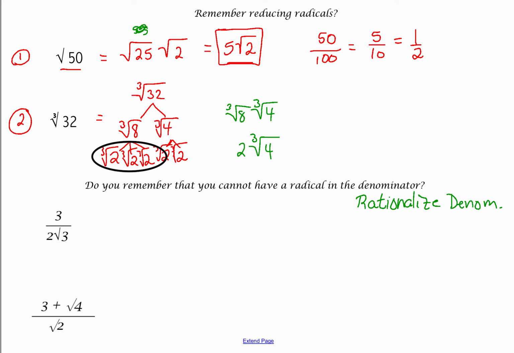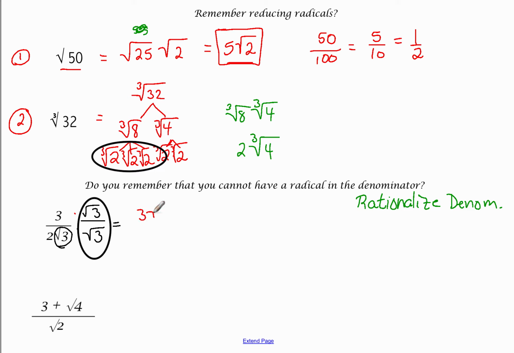And it was pretty easy to do. Since radical 3 didn't belong here, we multiplied top and bottom by radical 3. Remember, that's really multiplying by 1, so we're not changing the worth of the fraction. We're simply getting a radical out of the denominator.